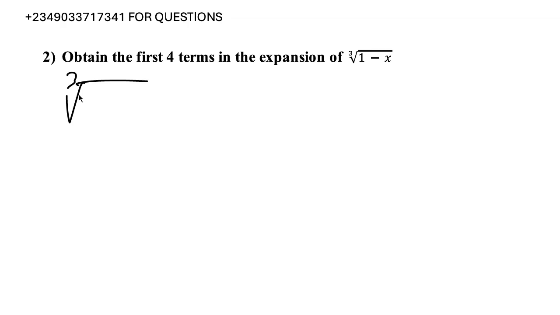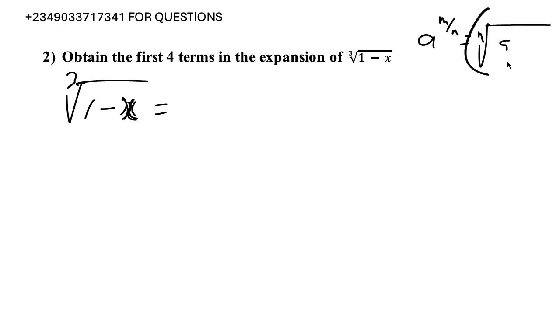So if you have third root of 1 minus x, using this form, a to the power m over n is equal to the nth root of a to the power m. What is our n? Is what? 3. What is m? Is 1. So we can rewrite this as 1 minus x to the power what? 1 over 3.